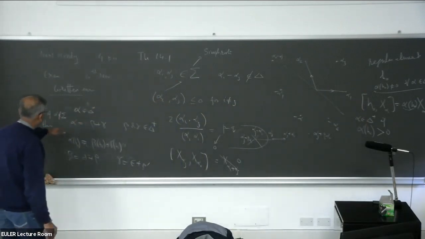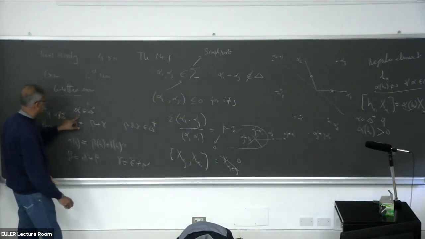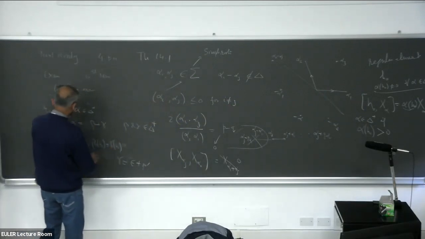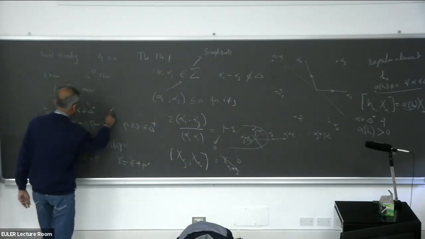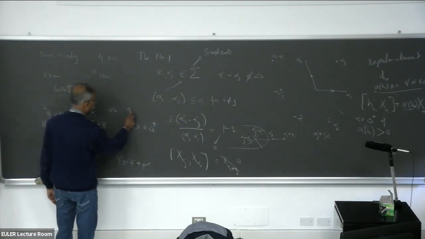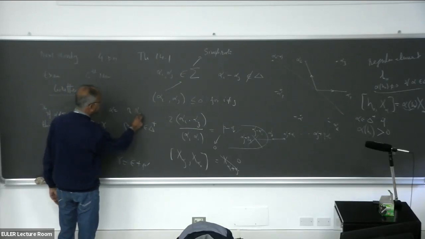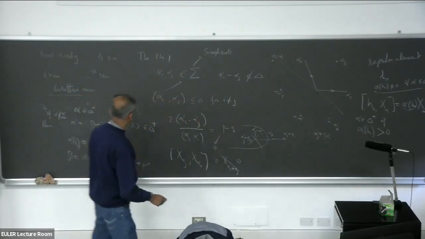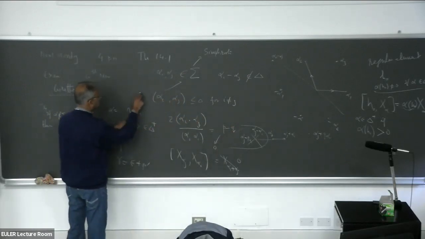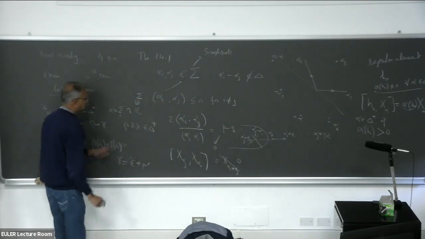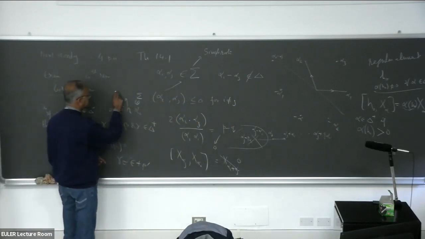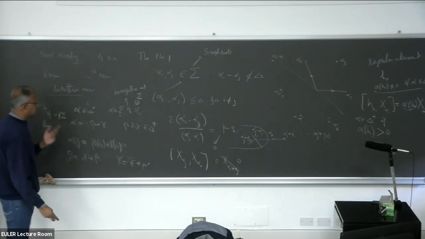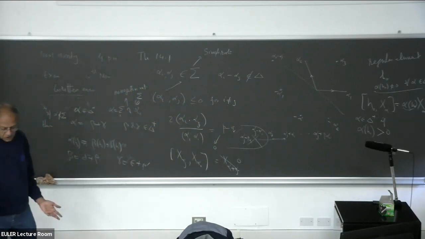Once you have proven that every alpha can be expressed as a sum of n_i alpha_i, where the alpha_i belong to sigma and these n_i are non-negative integers, the third theorem is automatic.